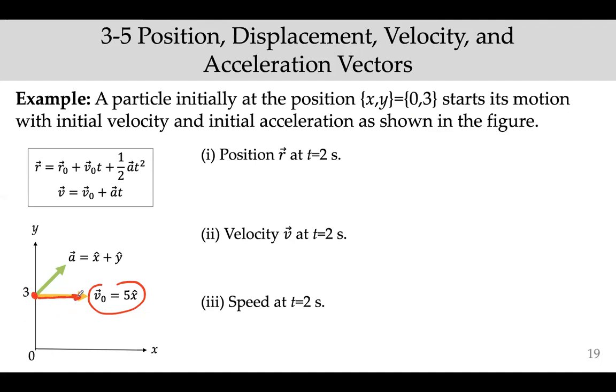It doesn't mean that the particle will go in this direction. We will see that it's actually not going to go straight in the x direction, because there is some acceleration in some other direction. And remember, when there's an acceleration, that means there's actually a force in that direction.